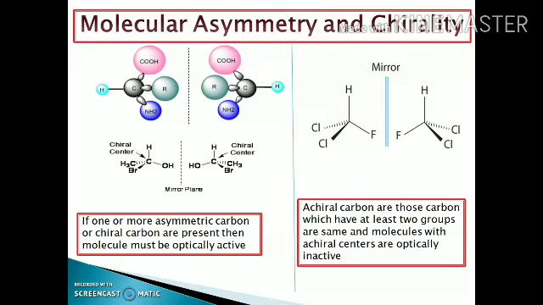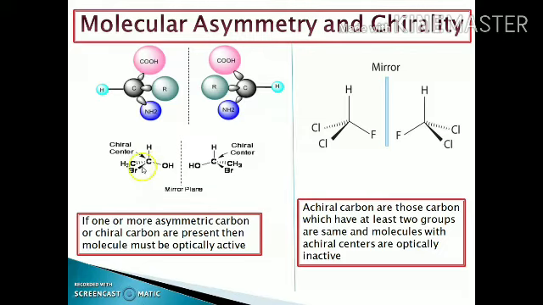The central asymmetric carbon atom is known as the stereocenter. An object or molecule which is non-superimposable on its mirror image is called chiral. In other words, the carbon atom to which all different groups are attached is called a chiral carbon atom.